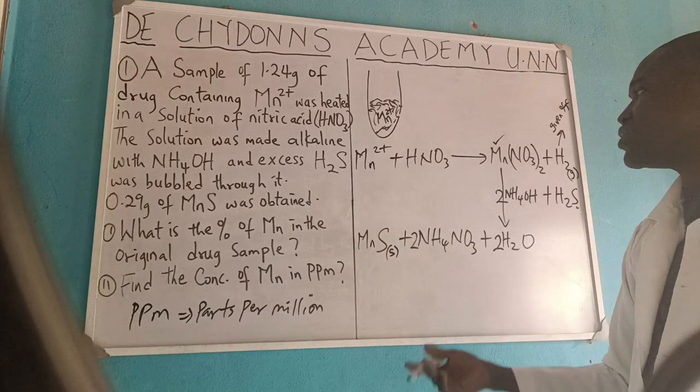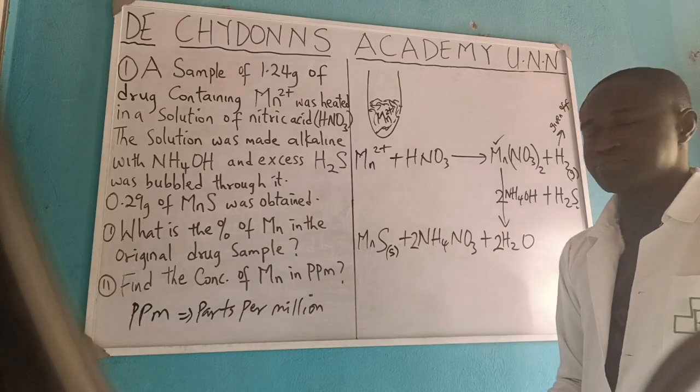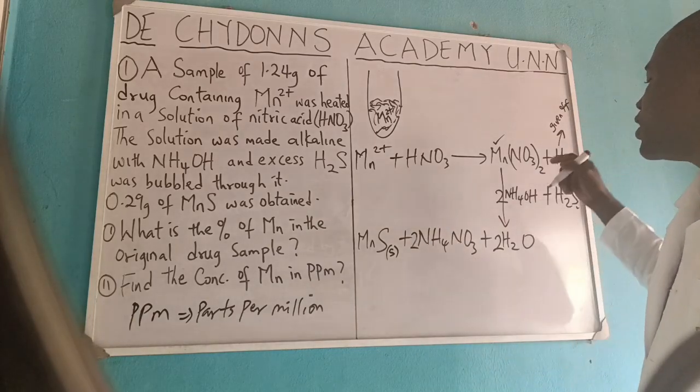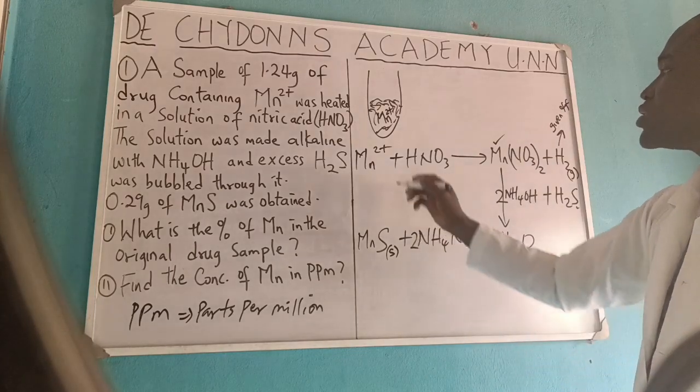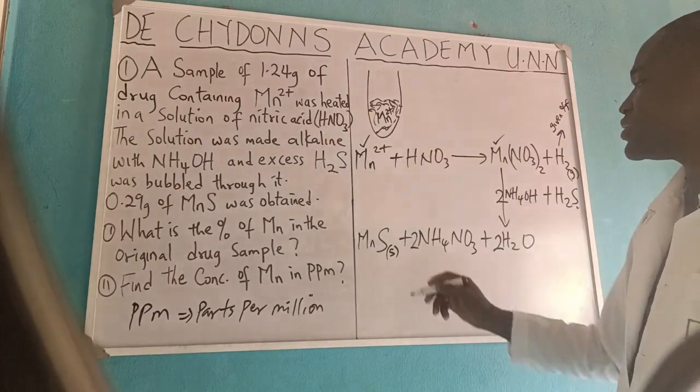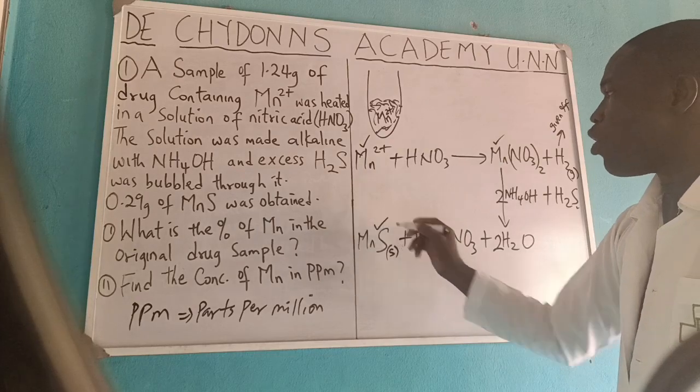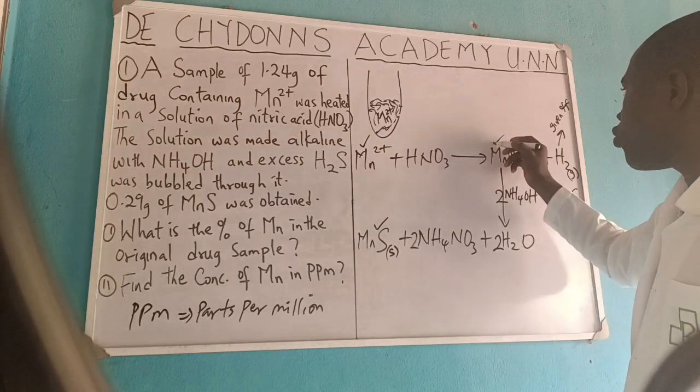A precipitate, like a precipitate settling down at the bottom of the reaction. Are you getting it? So once you have gotten this, it means that you need to compare. That means 1 mole of this ends up giving you 1 mole of this and 1 mole of this.